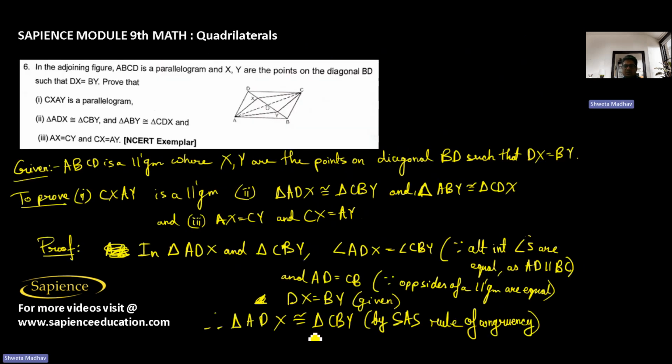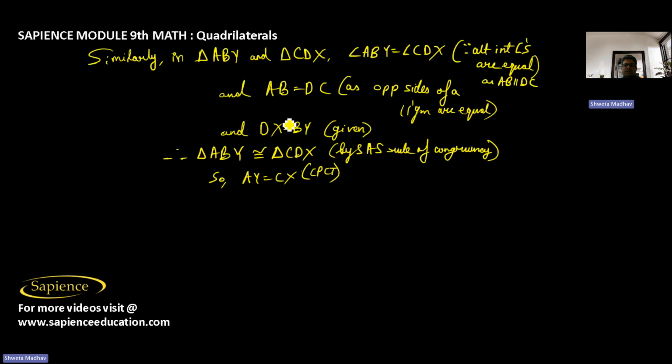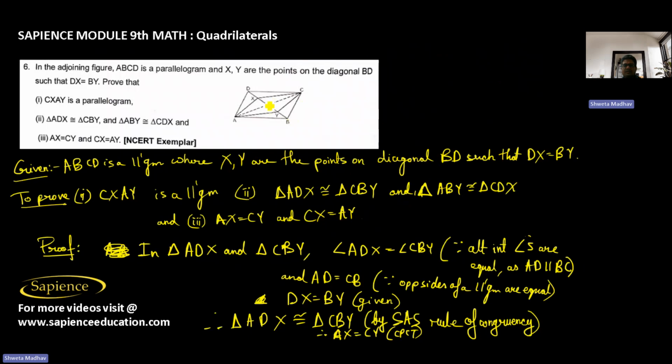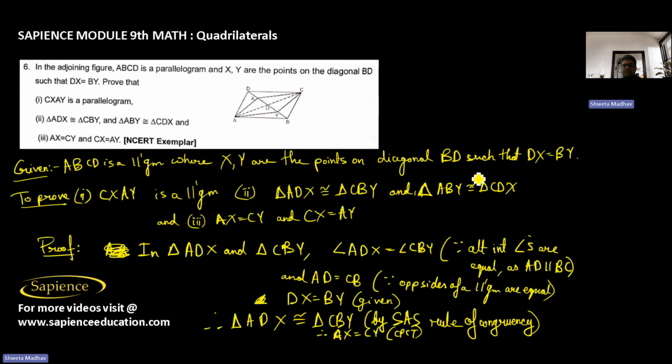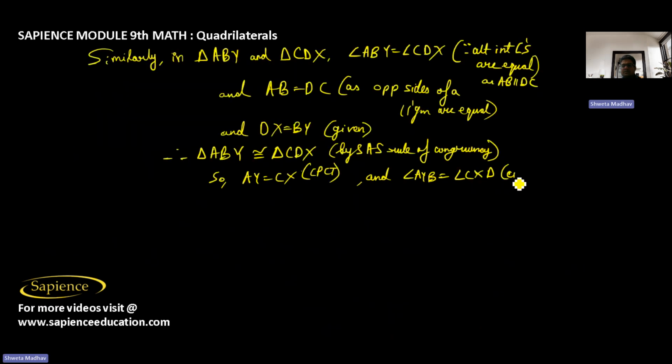Here also, since ADX is congruent to CBY, AX equals CY by CPCT. Also angle CXD is equal to angle AYB by CPCT.